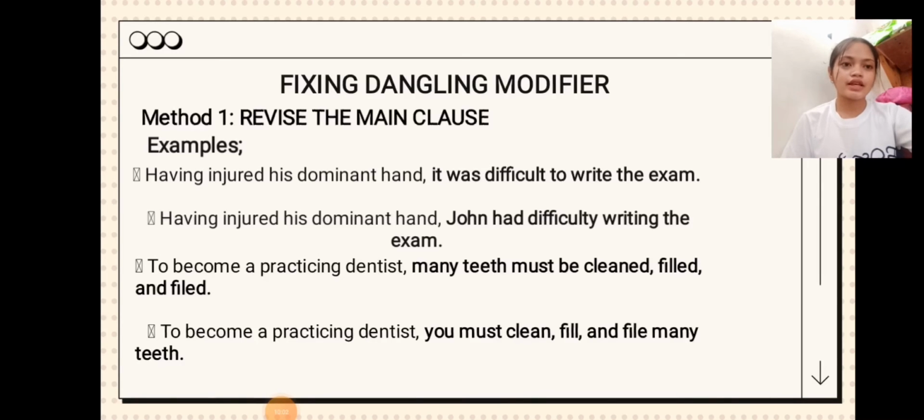To become a practicing dentist, many teeth must be cleaned, filled, and filed. The main clause of the sentence is: many teeth must be cleaned, filled, and filed. To fix this dangling modifier, we revise the main clause again. We made it: to become a practicing dentist, you must clean, fill, and file many teeth.